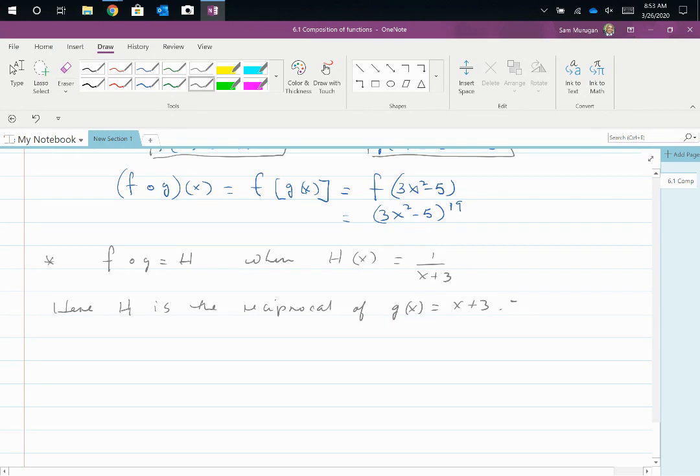So let f of x equal 1 over x and g of x equal x plus 3.